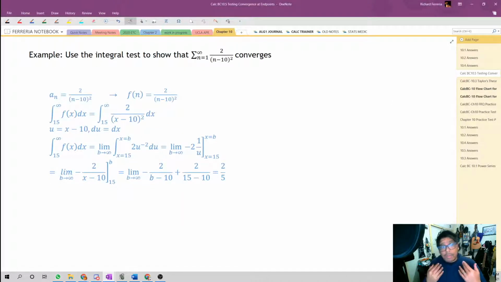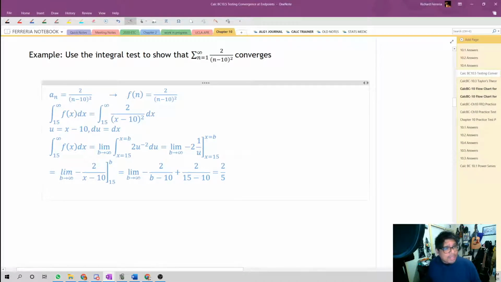Now I'm going to substitute back for u, and remember u is x minus 10. So this becomes the limit as b goes to infinity of negative 2 over x minus 10. Substitute b and 15, and you get the limit as b approaches infinity of negative 2 over b minus 10 plus 2 over 15 minus 10.